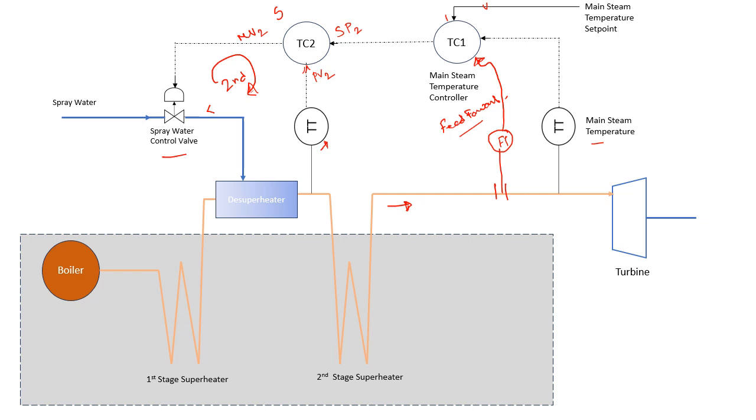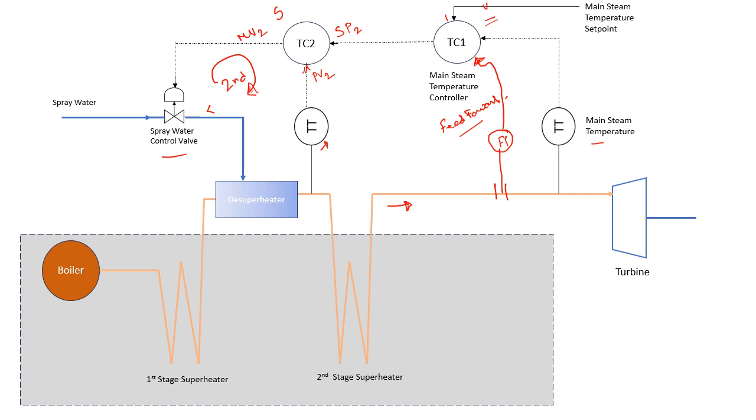So if we can provide this input beforehand to the TC1, and this TC1 can add this change in the flow transmitter with its set point, then through a parameter, it can compensate for the change in the temperature at the later stage.